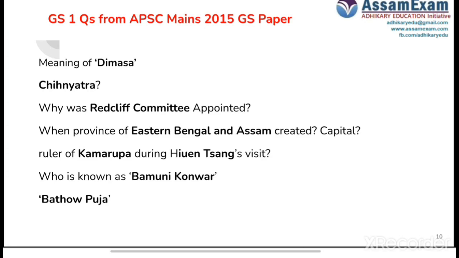We have questions like what the society of Assam or Kamrupa was like at that time, and what we have got from the account of Huan Xiang when he came to India. He might have written some notes.